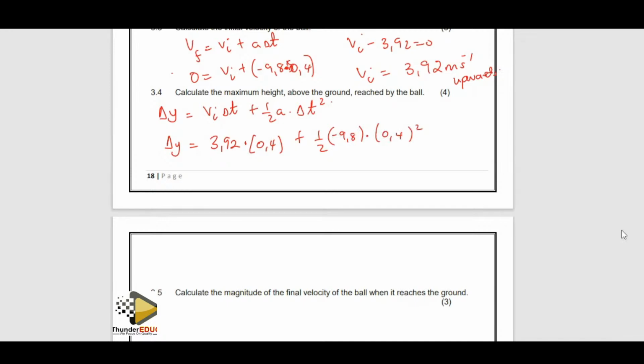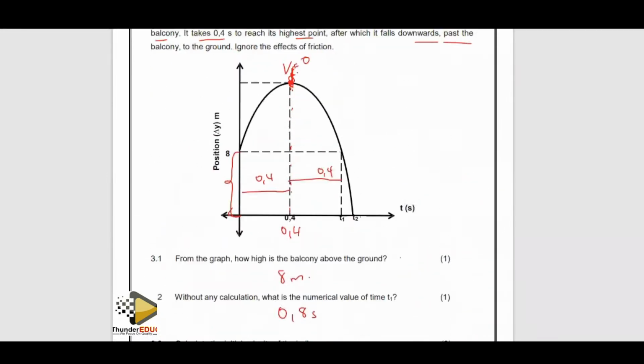And I use my machine: 3.92 times 0.4 plus a half times negative 9.8 times 0.4 squared. I'm getting 0.784 meters. So just from here up to there, that is 0.784.